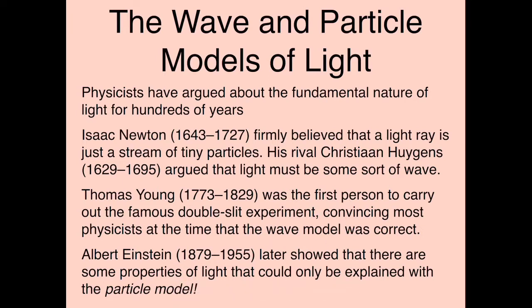So by the end of the 1800s, most physicists were convinced that light is some type of wave, and it wasn't really questioned. But then Albert Einstein comes along in the early 1900s, and he showed that there are some properties of light, some things that light does, that can only be explained with the particle model of light. So we're left in this weird situation where some experiments really support the wave model of light, and other experiments really support the particle model of light, and we're in the current state of things where we have what's called the wave-particle duality.